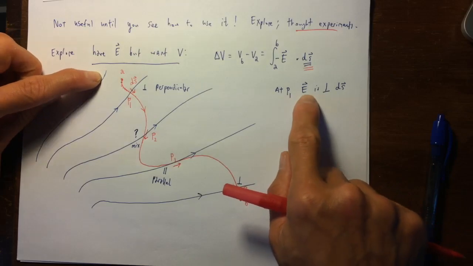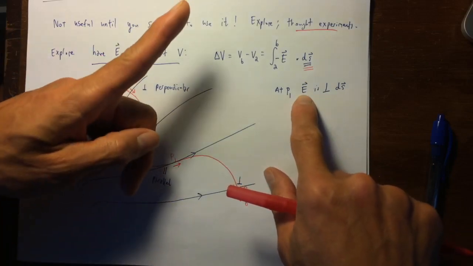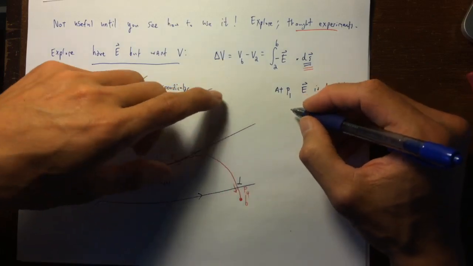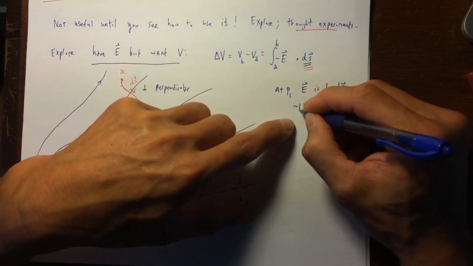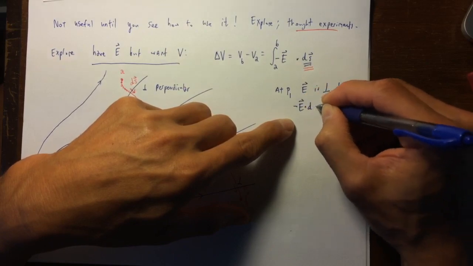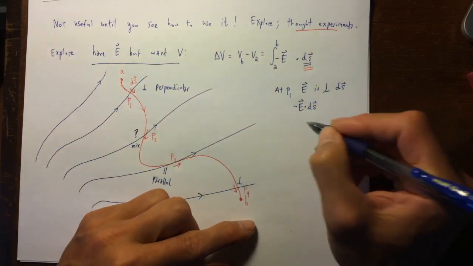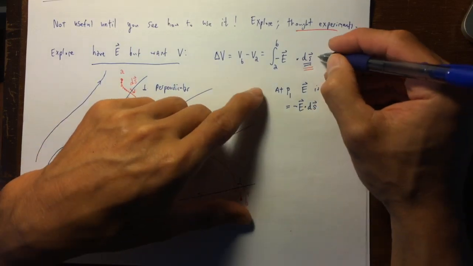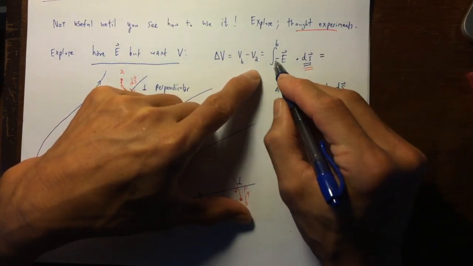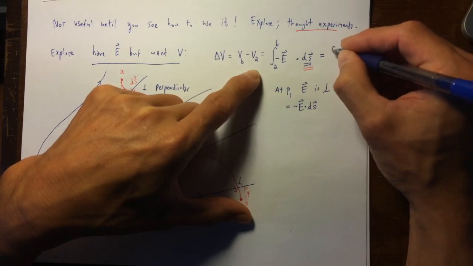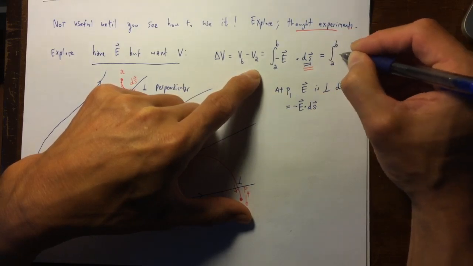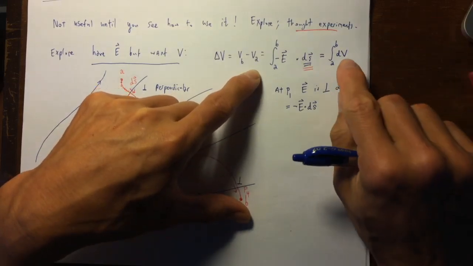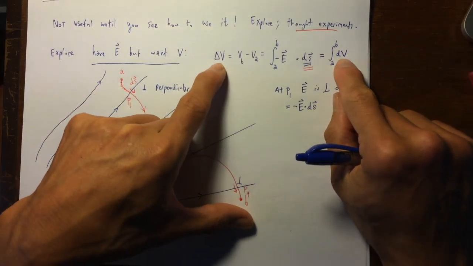But I don't care about the strength right now. I'm worried more about its direction. Direction is that way. So at P1, if you look at what happens to E dot ds, this integral that I'm adding up from A to B is an integral of small contributions to changing the potential.